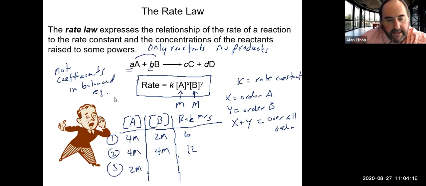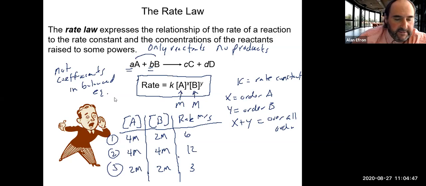Do 2 molar here. And we'll just make this up here. And again, just made up numbers. So let's go with 3.